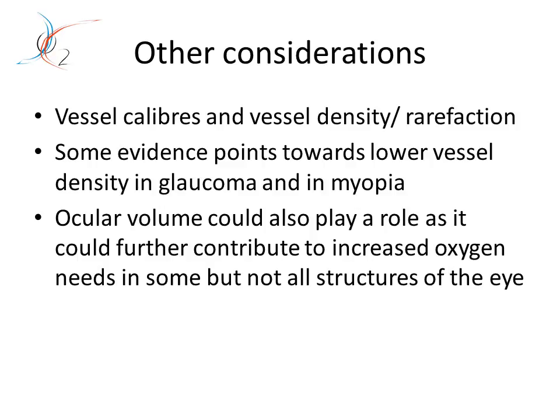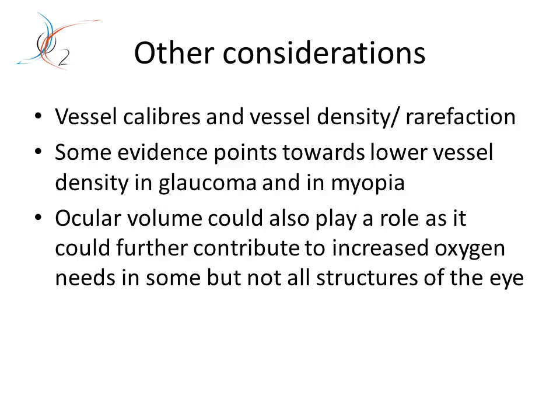Now, there are other considerations. Vessel calibers: why are they smaller, just because of the stretching? What is the effect of that? Another question that has come up is vessel density. Do we lose vessels, or are you at a disadvantage if you have a less complex vascular network?